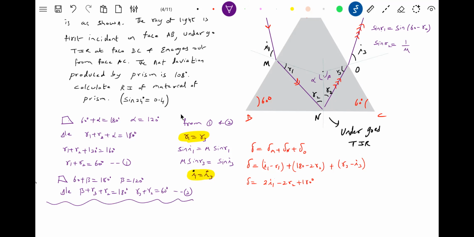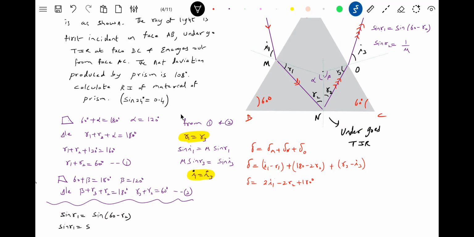Let me continue. Sine R1 equal to sine of 60 minus R2.